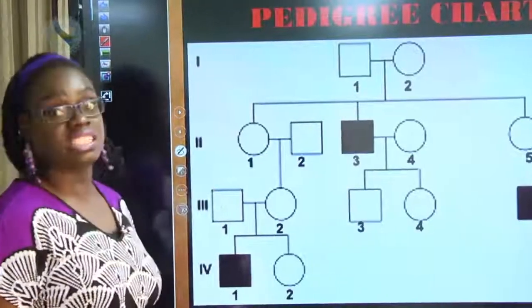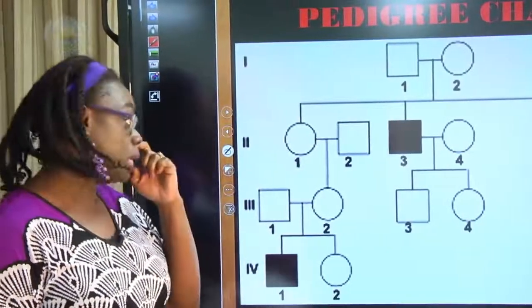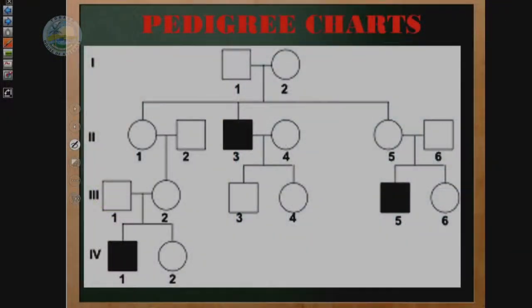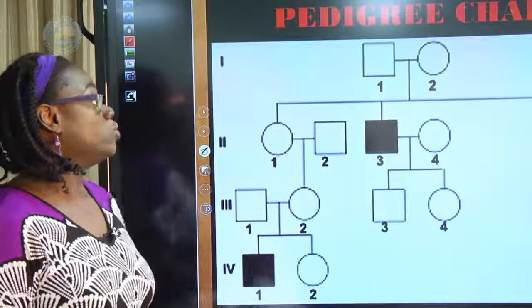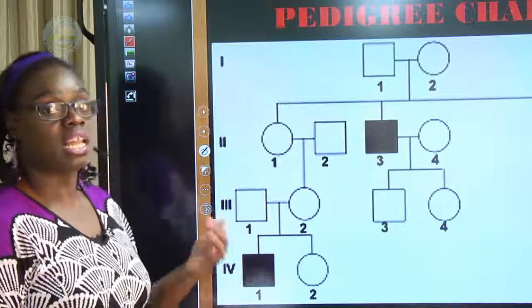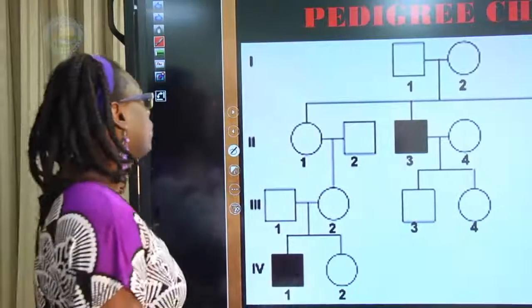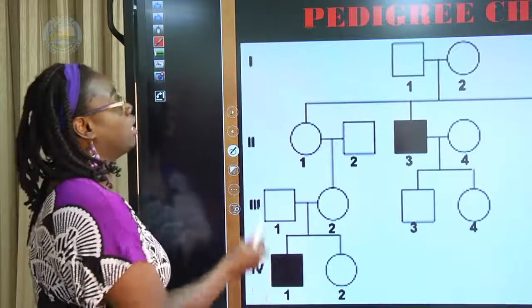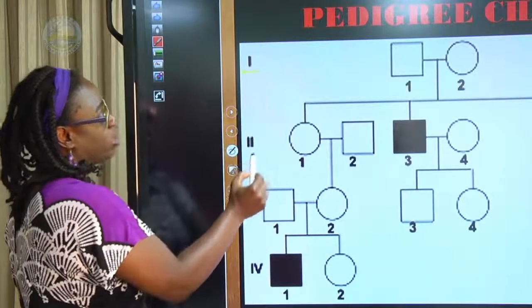Now, pedigree charts can take several different shapes, and I'm just going to show you other examples. In this example, they give numbers, and we would assume that the squares remain the males and the circles remain the females. In this example as well, they show the generations on the side.